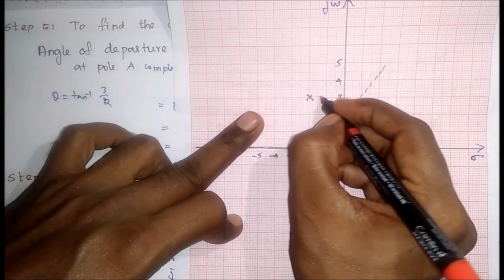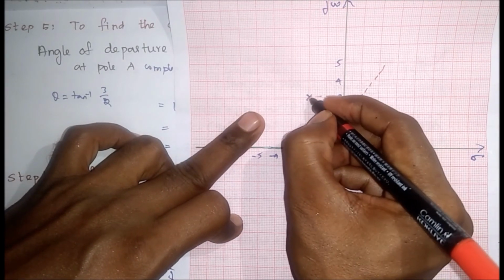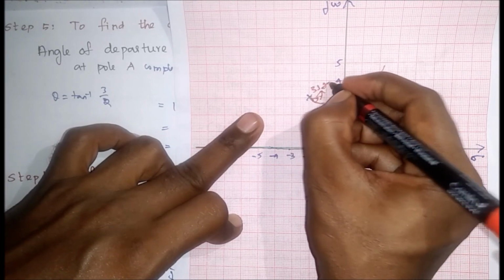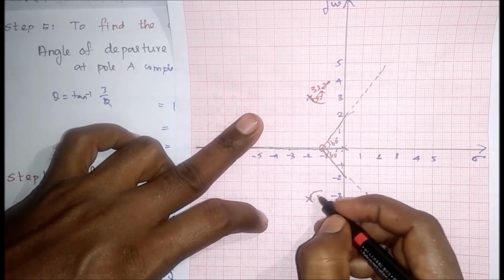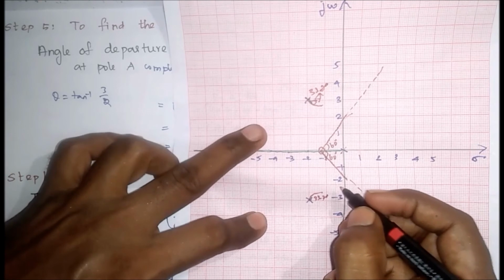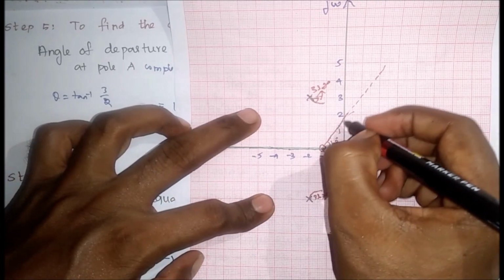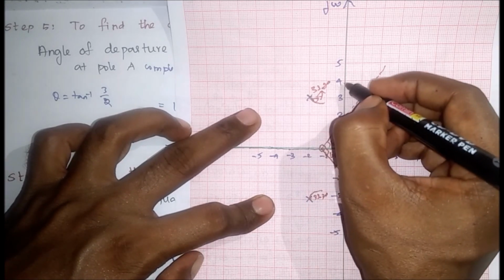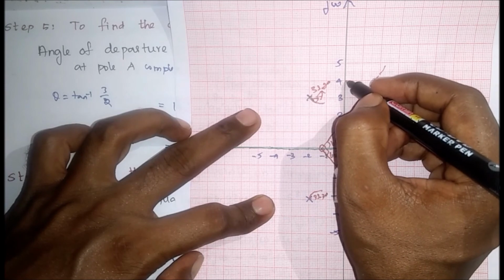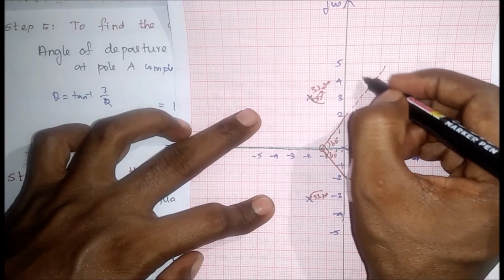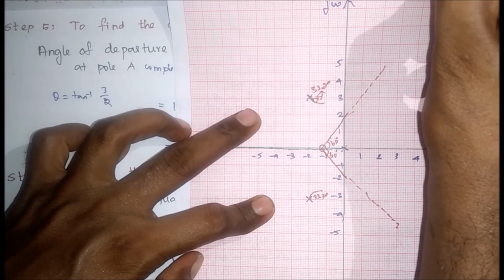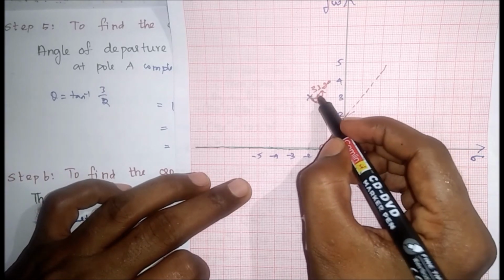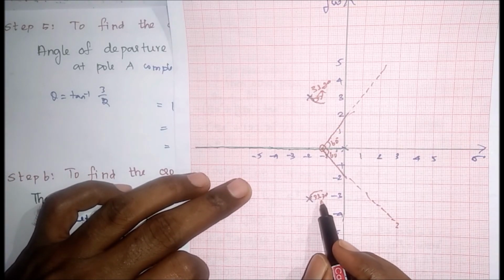So here we mark plus 33.7, and here also minus 33.7. This root locus will be parallel with this asymptote, cross the imaginary axis at a point, then go parallel with this line and end at infinity where the zero is available.